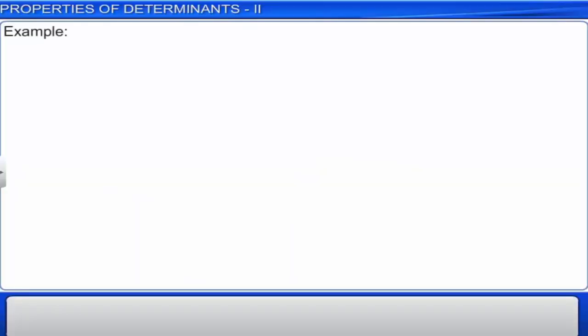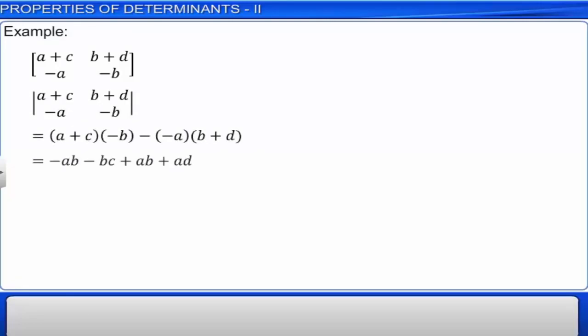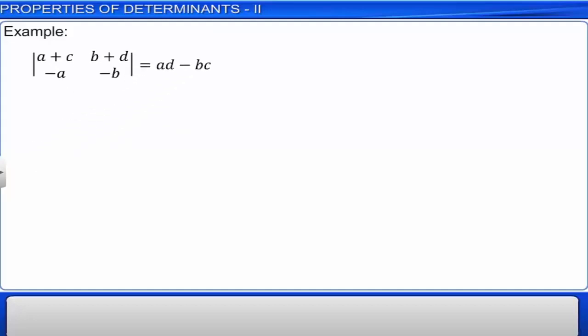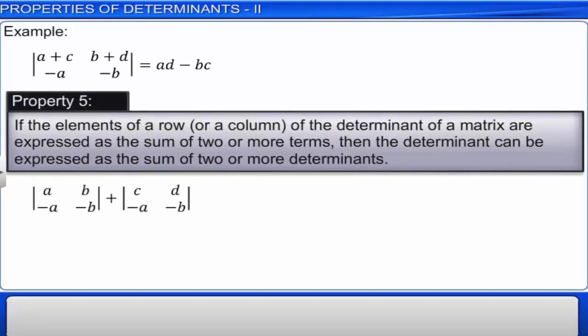For example, consider the 2 by 2 matrix shown here. Its determinant is equal to AD minus BC. Now, let's find the determinant by writing it as the sum of two determinants. Using property 4, take -1 common from the second row of the first determinant.